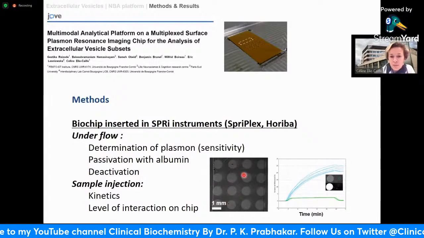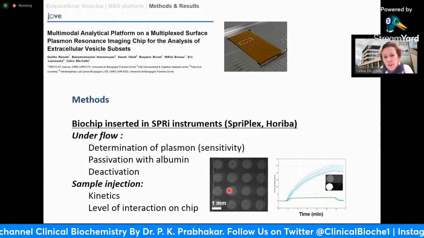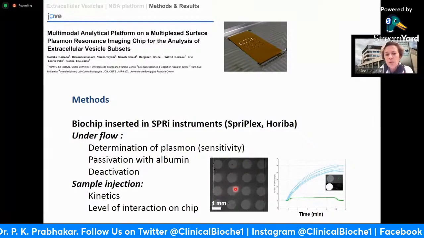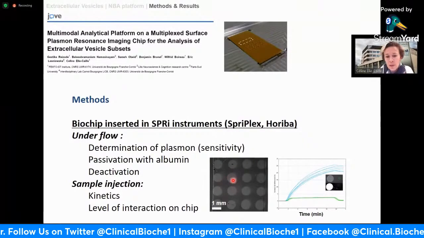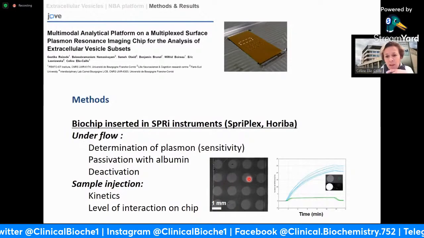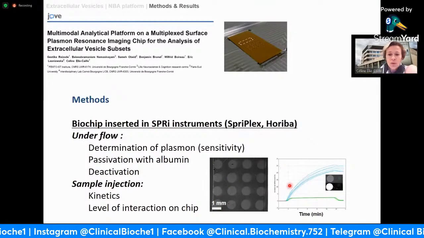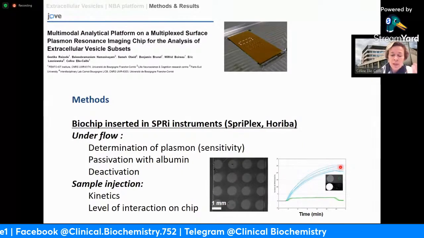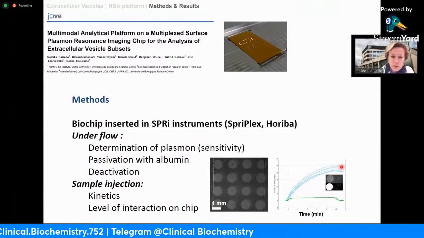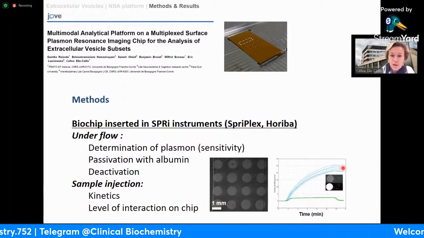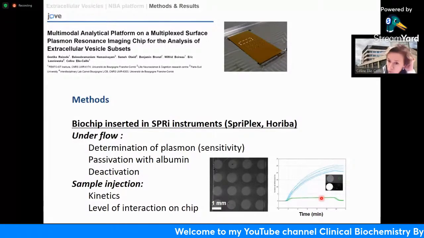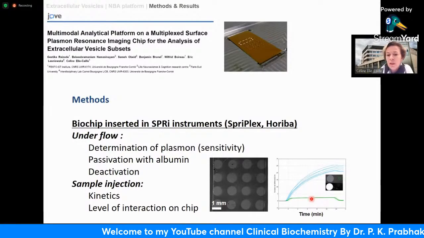So this approach gives you the possibility to have an overview of how the chip behaves in terms of arrays at the millimeter square scale, and how the vesicles interact on the surface, because it's possible to follow in real time the kinetics and the level of interaction of those EVs on the chip, and to compare this specific capture to the negative control, which is here in green.